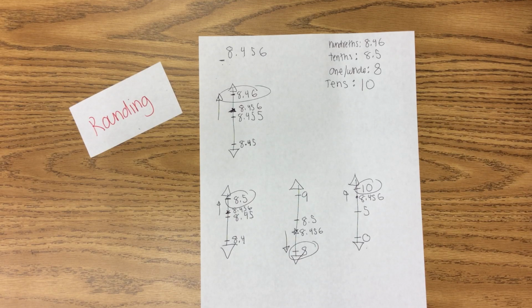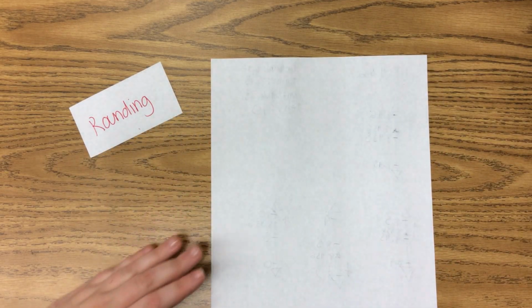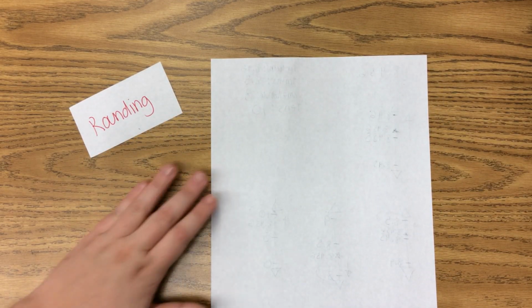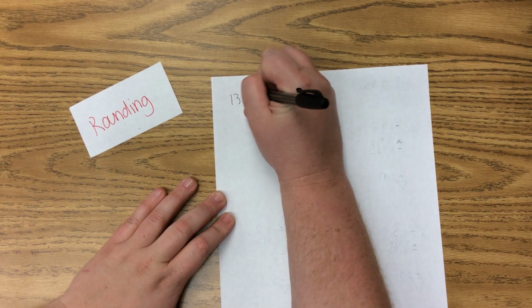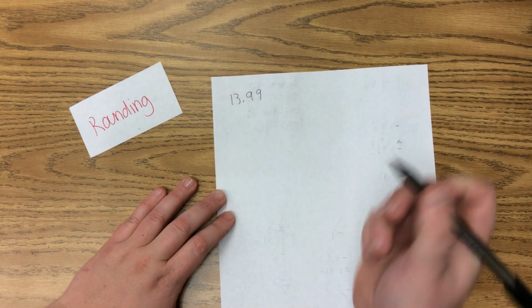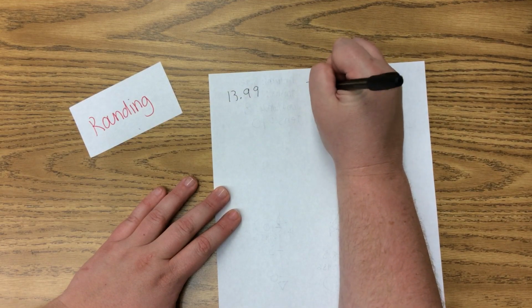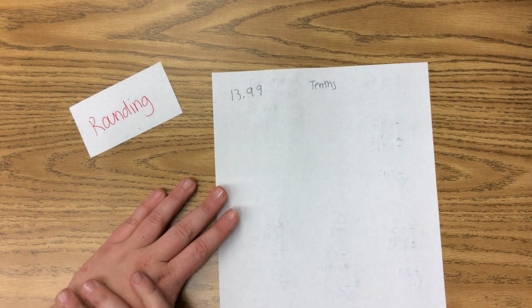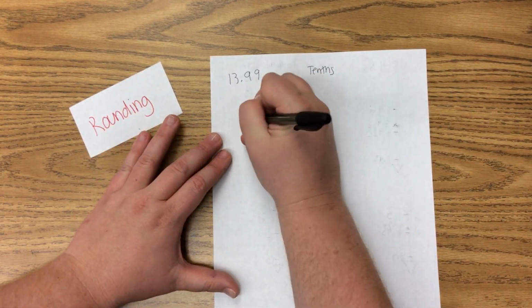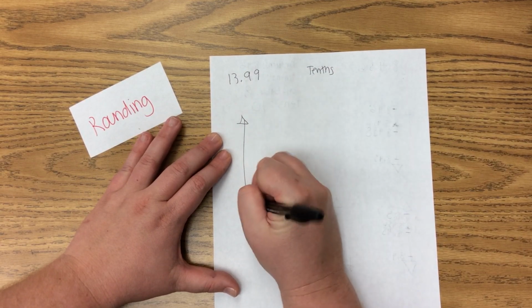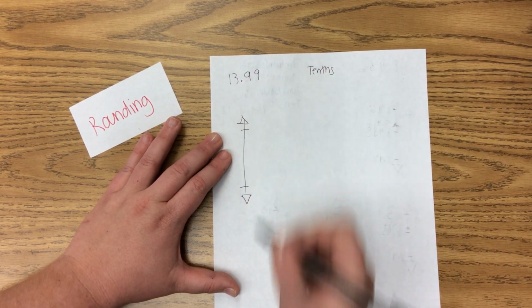The only time that rounding can get a little tricky is if we get into the 0.9s. So if I had the number 13.99 and I wanted to round it to the nearest tenths place, we should be able to set it up. I draw my number line. We know we need to label the top and bottom number.